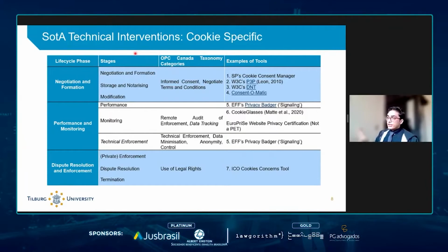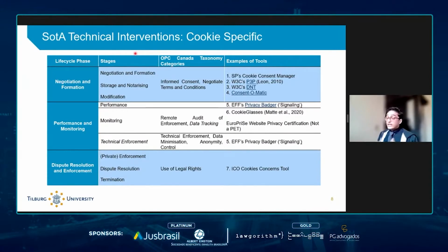Now, the first tool that comes up in our analysis is the cookie consent manager provided by the service provider itself. And I'm not going to go into detail on that. But perhaps no discussion of privacy enhancing tools, and especially cookie related privacy enhancing tools, is complete without discussing the Platform for Privacy Preferences, which was one of the earliest privacy assistants to exist, and which was quite an interesting idea, and it was quite well implemented also, but it failed to find adoption in the market.